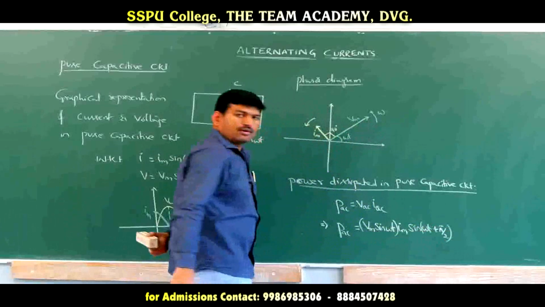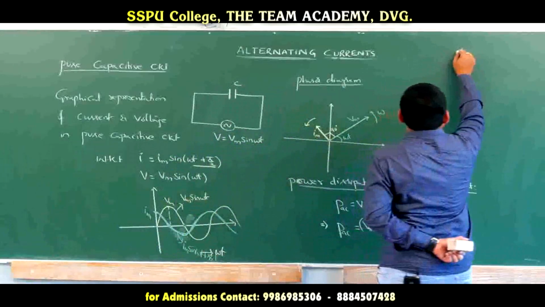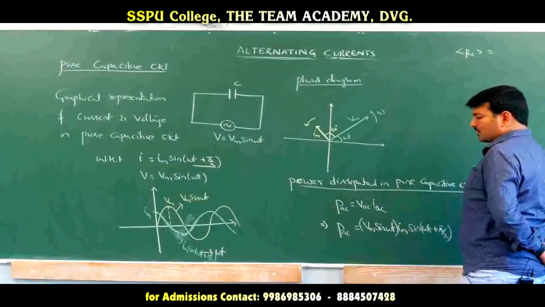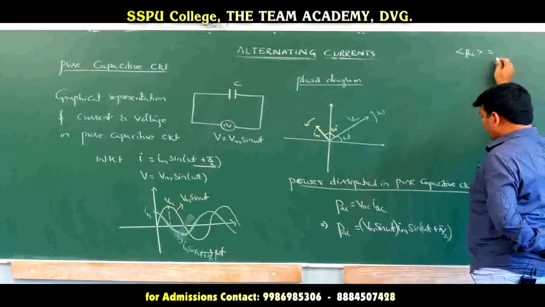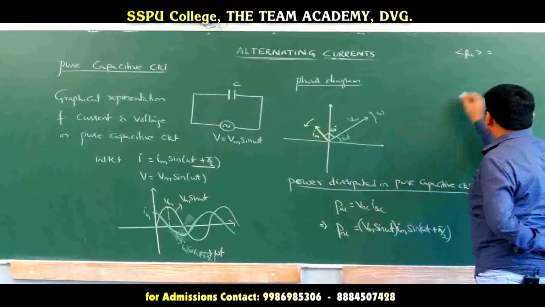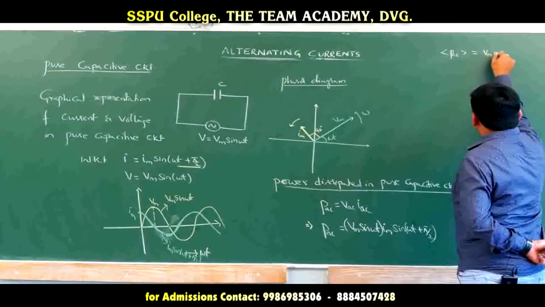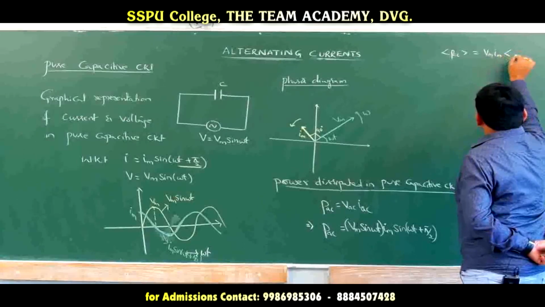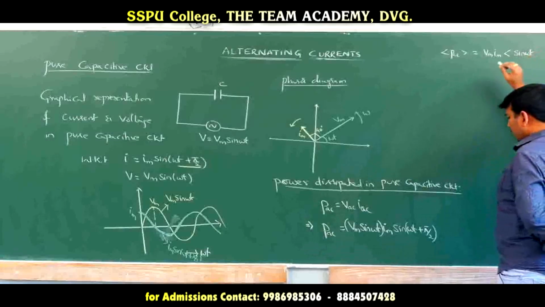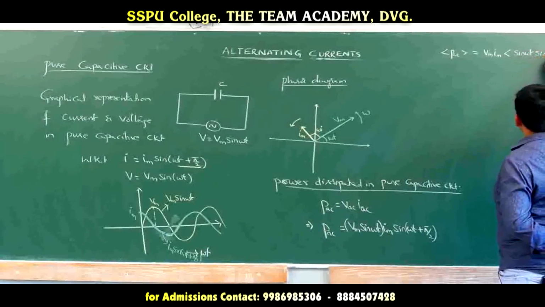Now, what is the average value of this power? The average value of AC power dissipated through the capacitor circuit is this. Vm is constant and Im is constant, so you can write them outside: Vm into Im into the average value of sin omega t into sin omega t plus pi by 2.